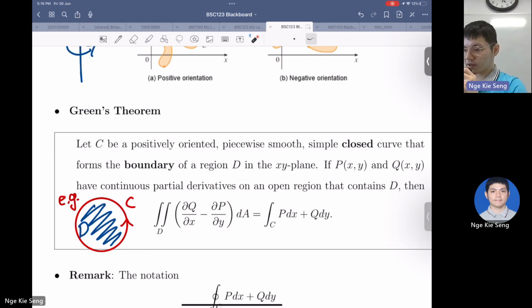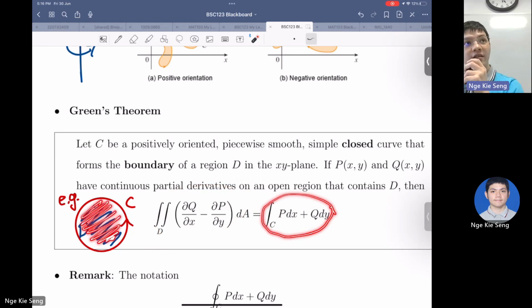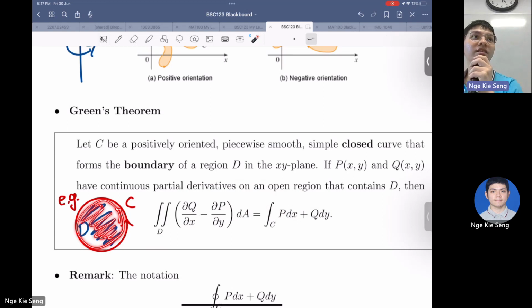So let's read from the left hand side. Typically, we start with the line integral of P dx plus Q dy. You can change this line integral into a surface integral, or the multiple integral on the domain bounded by C. Let's call it D. Question?